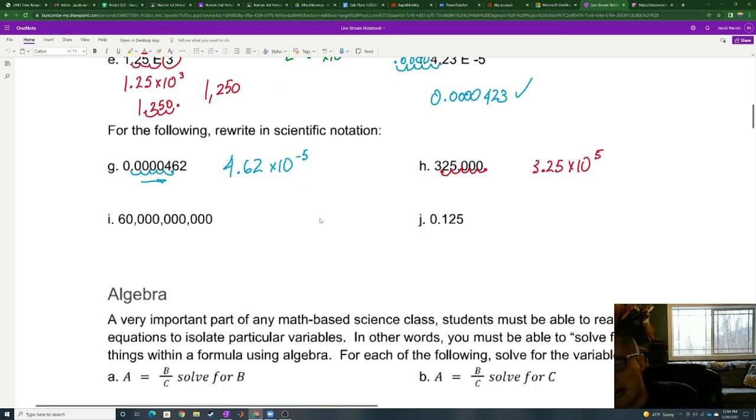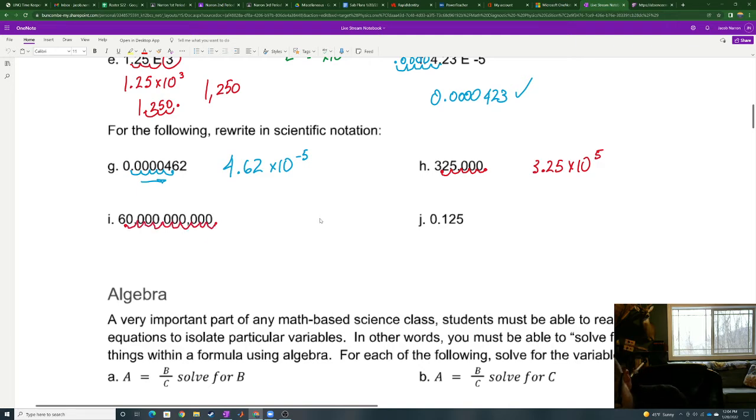All right, as we go to I, once again, our decimal place is right here, and I want to move it right here. I want it to be right after the 6, just to follow the format. So I'm going to say, 1, 2, 3, 4, 5, 6, 7, 8, 9, 10. So I get 10.